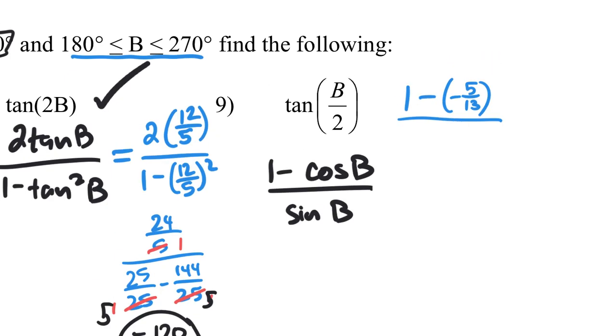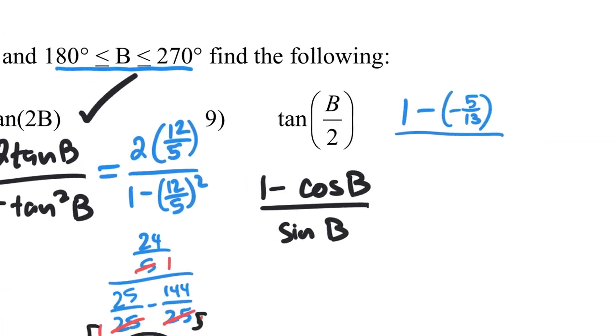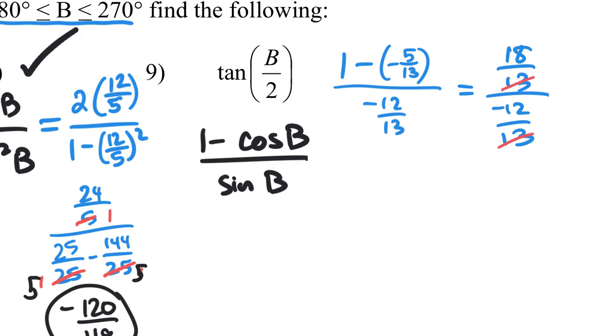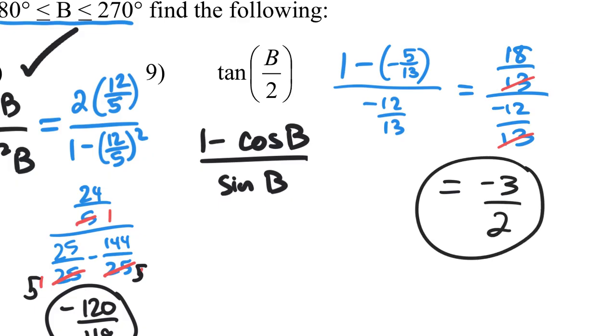And the denominator was the sine of b, which was negative 12/13. This is the same as 1 plus 5/13. So that's going to be 18 over 13 over negative 12 over 13. Well, when we have those denominators that match, we can cancel them. So we have 18 over negative 12, which is the same as negative 3 over 2.